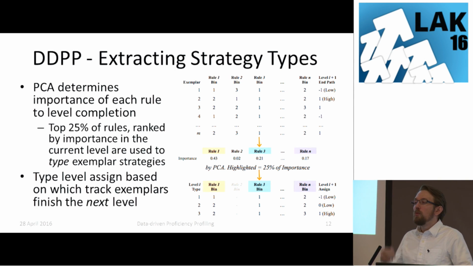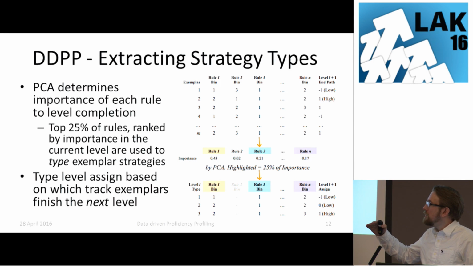So again, this just says, well, if your KCs were binned in this kind of way, so this kind of creates like a template type of student, then these are the rules that should be important for you.